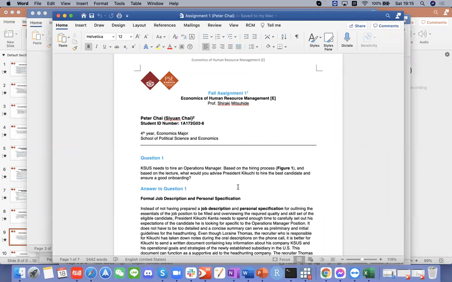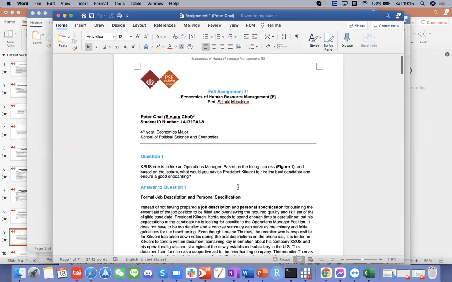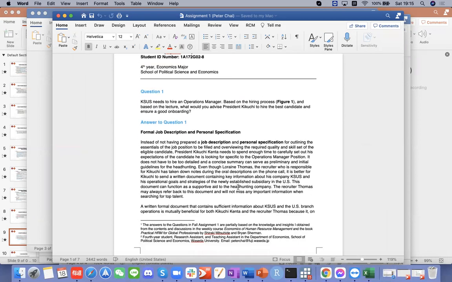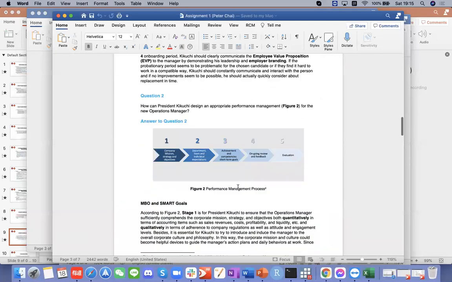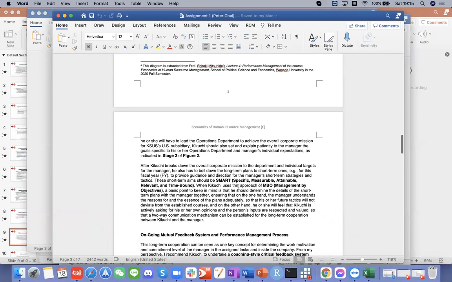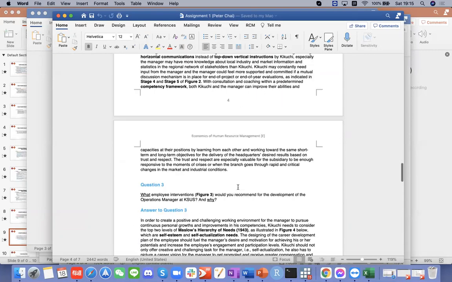This one I wrote for the course titled Economics of Human Resource Management. So I provided answers to a list of questions. And I included some charts to show my logical flow.